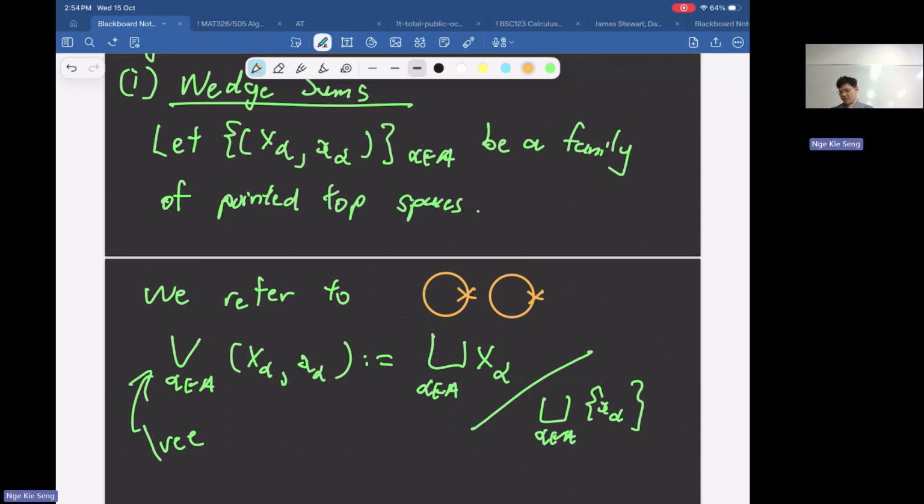Then I take the disjoint union, and then I quotient the two pointed points, meaning I make those two points into the same point like that. That's it. So the wedge product is like a point that connects.